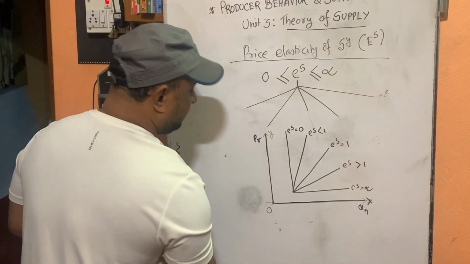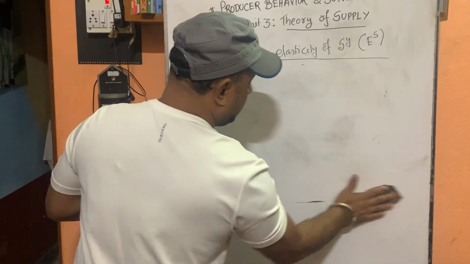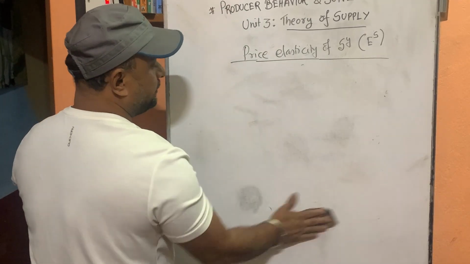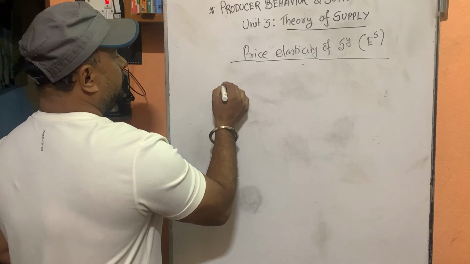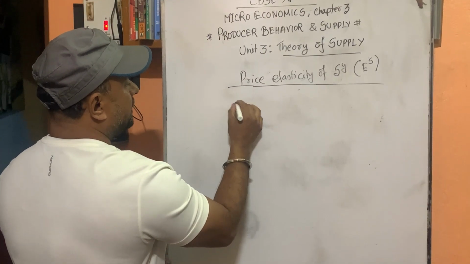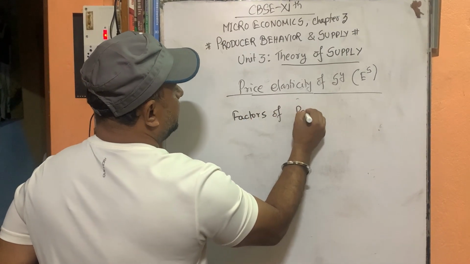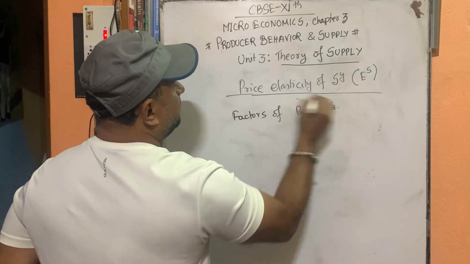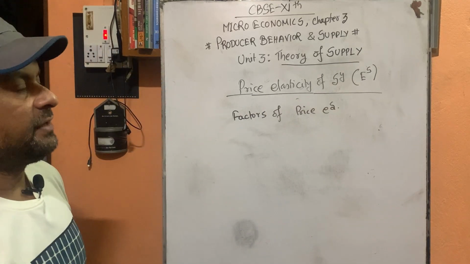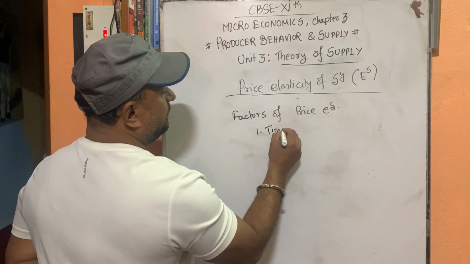Now the factors affecting the elasticity of supply. Which factors affect the elasticity of supply of a good? There are a lot of factors which affect the price elasticity of supply. First one is time period.